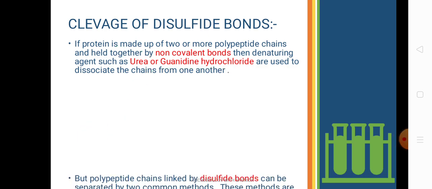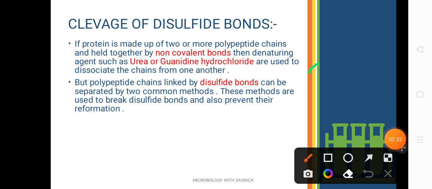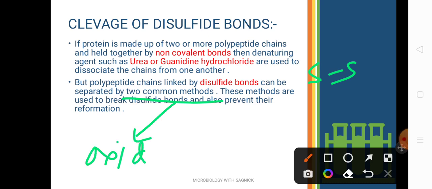Okay, now we are going to learn how we can break disulfide bonds. For breaking disulfide bonds, there are two common methods available. One is oxidation, another one is obviously reduction.